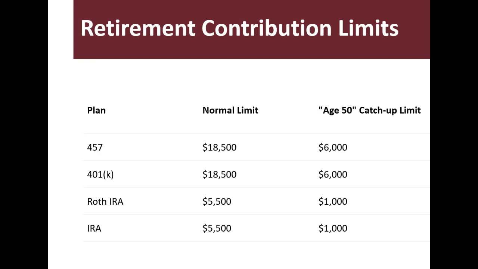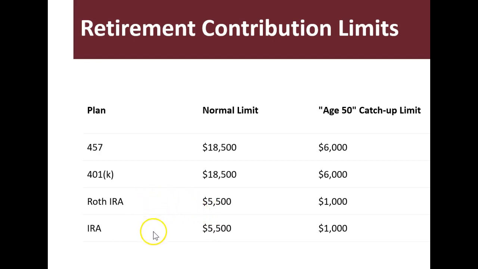Here are your annual limits that you can put into these accounts for 2018. The thing to note is that the Roth IRA and the IRA limits are calculated together. You can't put $5,500 into both accounts.